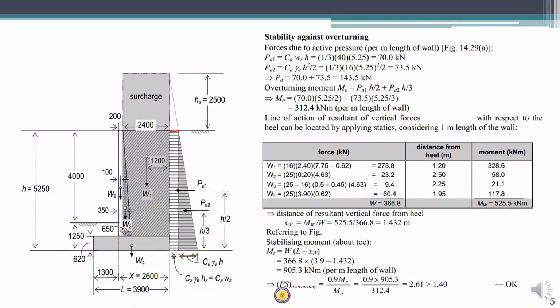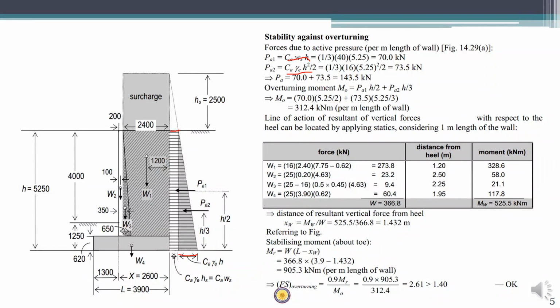Okay, so we can find out PA1 as Ca into Ws into total height, and PA2 as the area of the triangle, half into Ca into gamma into H into H. So we have PA1 and PA2 values, and also they act at H by 2 and H by 3 respectively.